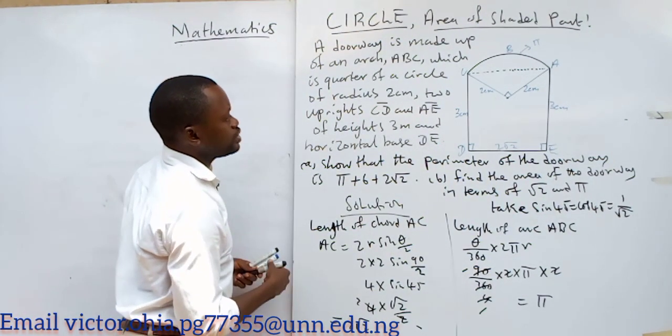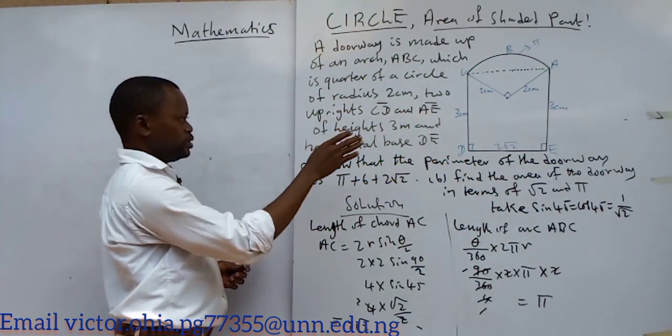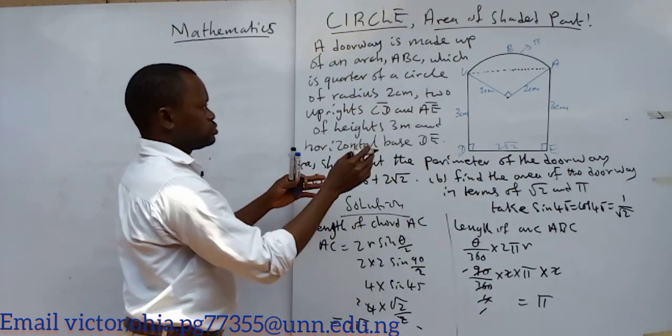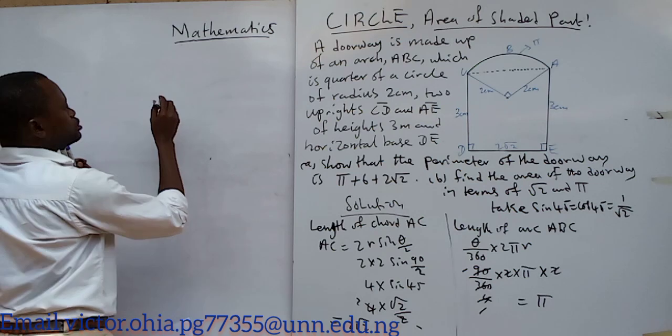Then, if that is the case, I think all the information we need to calculate the perimeter of that door is made available. So let's see whether you can arrive at something like this.